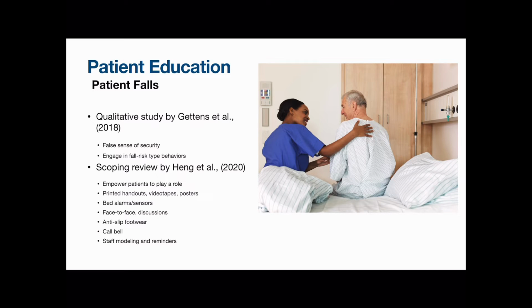There's a variety of levels of evidence that suggest different types of patient education related to fall prevention, like printed handouts, videotapes, posters, communication alerts like bed alarms and sensors, having face-to-face discussions about anti-slip footwear, using the call bell, and some other specific patient interventions. And in order to better promote compliance with these fall prevention initiatives, that study encouraged staff modeling of safe behaviors along with giving reminders and advice regarding the fall prevention measures that are individualized for each patient.